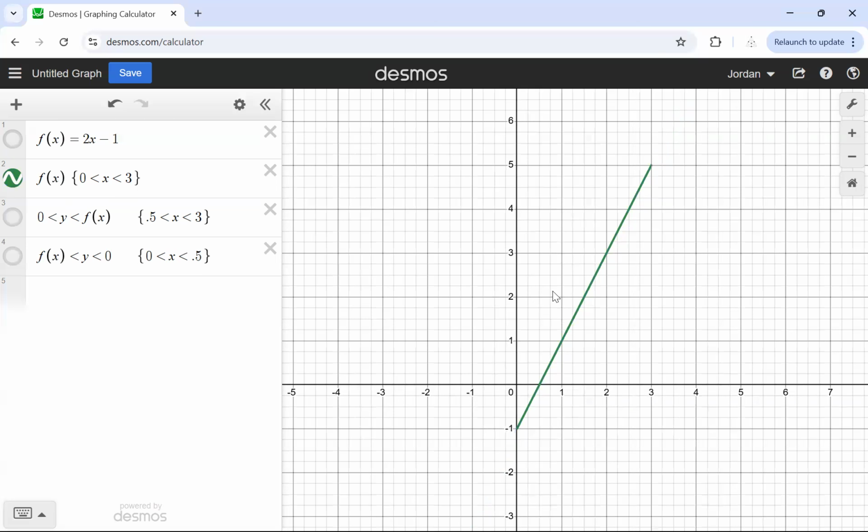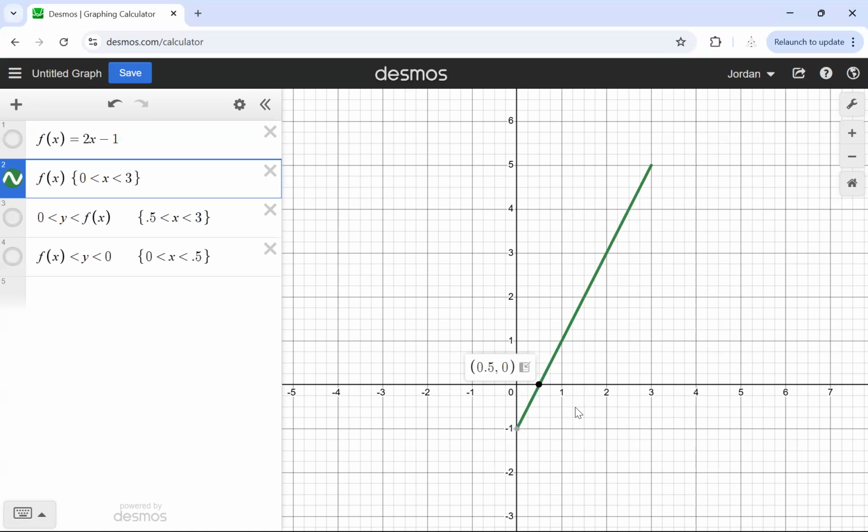So we're interested in this section of the line from 0 to 3. You see that part of the line is underneath the x-axis, and part of the line is above the x-axis. Where it crosses the x-axis is the point 0.5 comma 0.